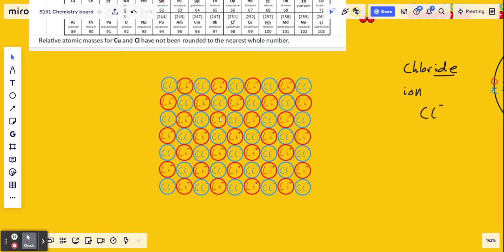It also means that because of this strong attraction between positive and negative, it's got a very strong force, and so it's very difficult to break it up, in other words, to melt that solid that I've just drawn there. So it has a high melting point, and for the same reason, it has a high boiling point as well. So ionic substances have a high boiling point and a high melting point.